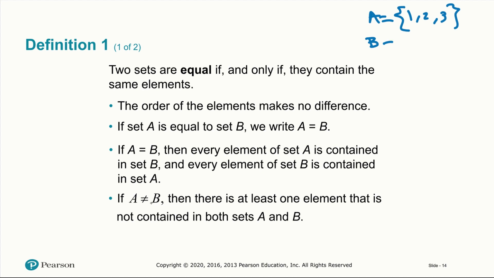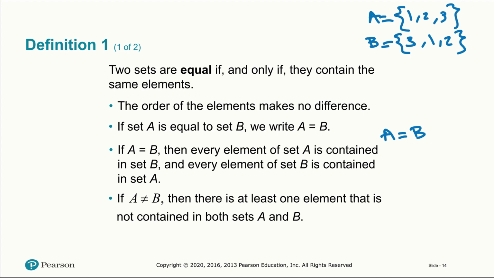B is the set 3, 1, 2. What can you tell me about those two sets? Are they equal? Absolutely, right? Because we don't care about the order. And if we don't care about the order, these two sets are indeed the same because they contain the same elements. So here we can say A equals B, right?